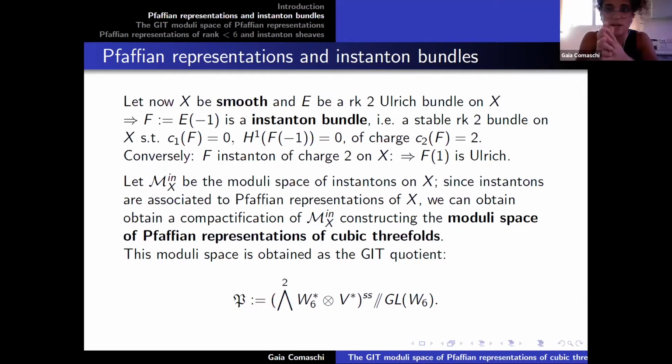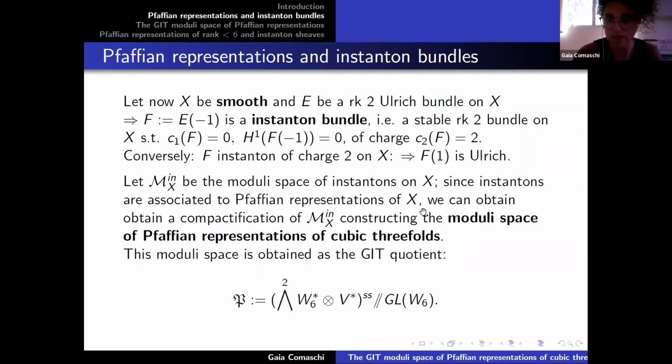We can use this correspondence to construct a new compactification of the moduli space of instantons on the cubic, different from the standard Gieseker-Maruyama one. And the first step to do this is to construct a moduli space of all the Pfaffian representations of cubic threefolds.